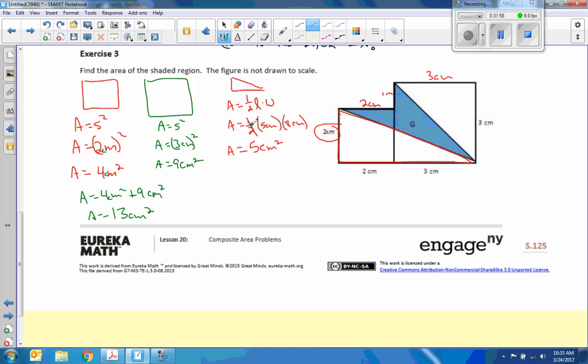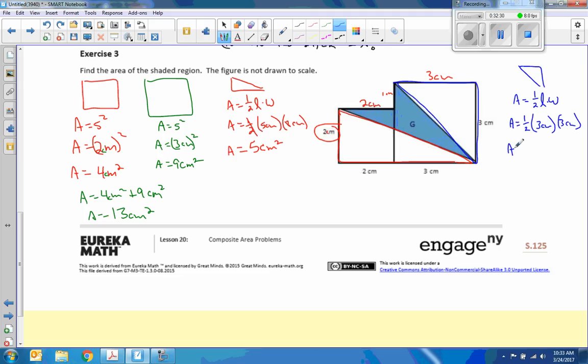Did you follow that? 1/2 times 5 times 2. Half of 2 is 1. 1 times 5 is 5. So the area of this red triangle is 5 centimeters squared. Now I'm going to find the area of this triangle. The area of that equals 1/2 length times width, which is 3 centimeters times 3 centimeters.